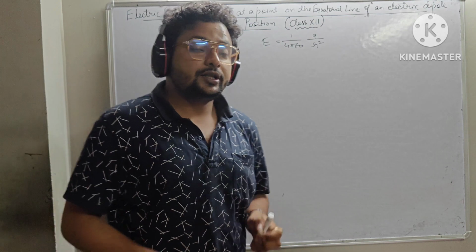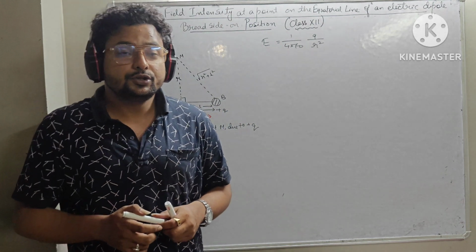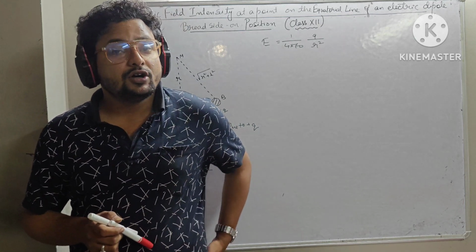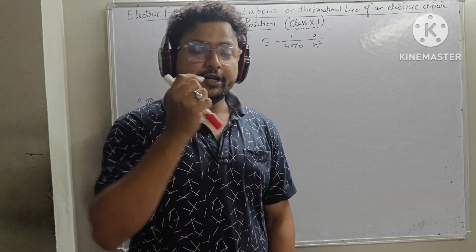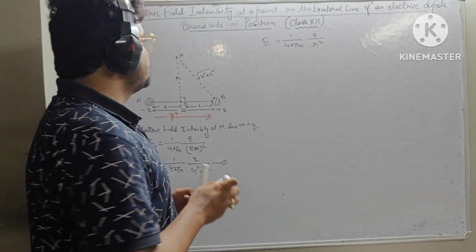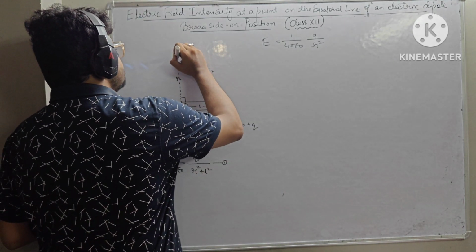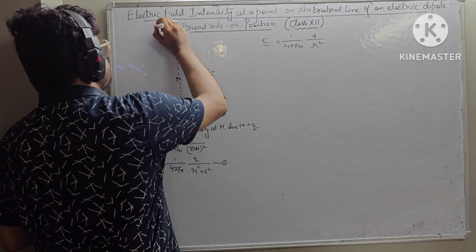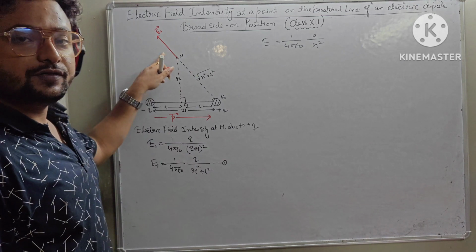Now, the most important thing, the direction. As I said earlier also, the direction of electric field intensity is very important. Electric field intensity is always directed away from the plus charge and towards the minus charge. So over here, the electric field intensity E1 is going to be directed in this direction. This is the direction of E1.